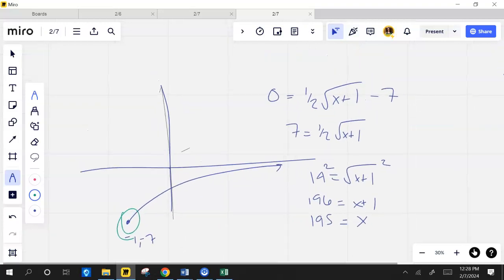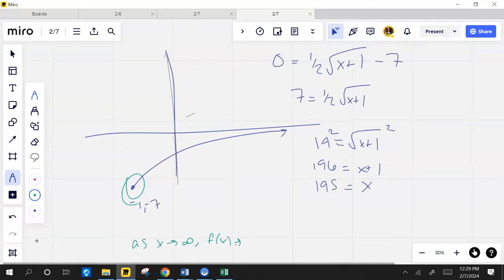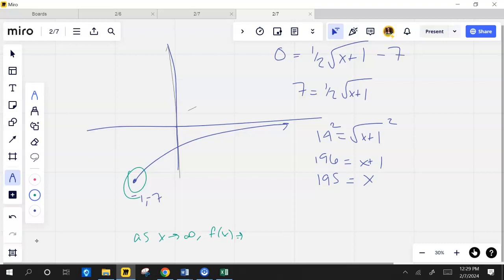The end behavior was something a lot of you missed also on this one. As x approaches infinity, we put 0 in for y and solved it for x. So I put a 0 in for y and then just solved it for x.